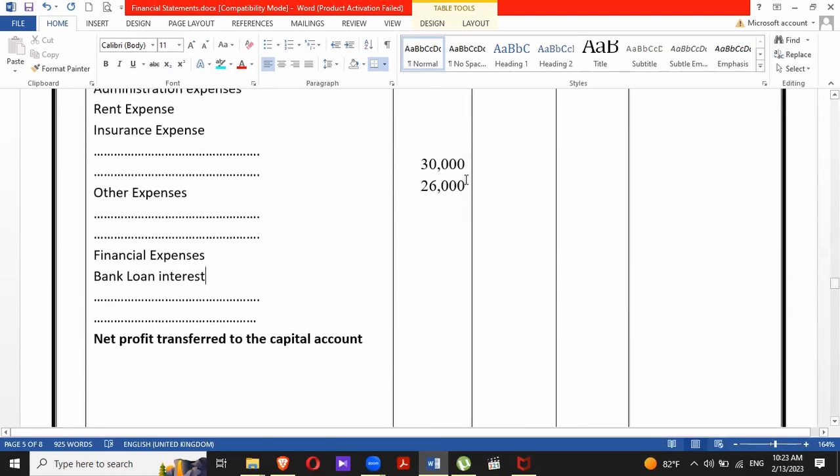Right? Bank charges 6,000 also given. That also comes under financial expenses.